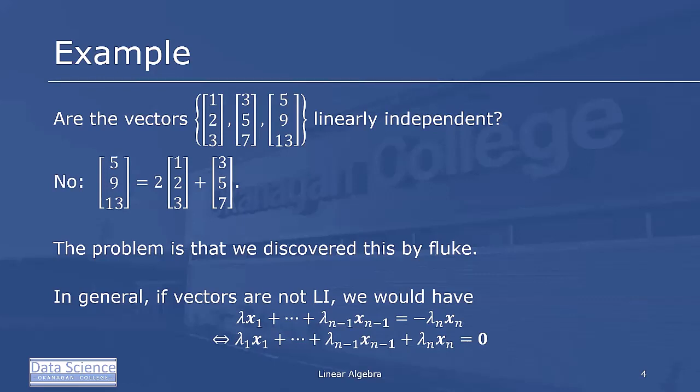So how do we determine linear independence or linear dependence in a more general way? Well, in general, if the vectors are not linearly independent, then we would have a situation where for one of the x's, lambda 1 times x1 plus up to lambda n minus 1 times xn minus 1 would equal negative lambda n times xn.